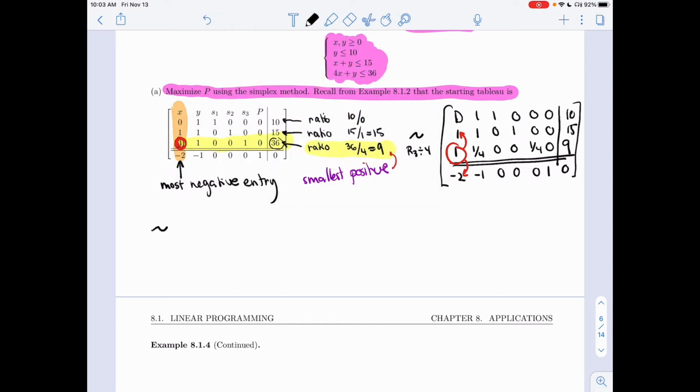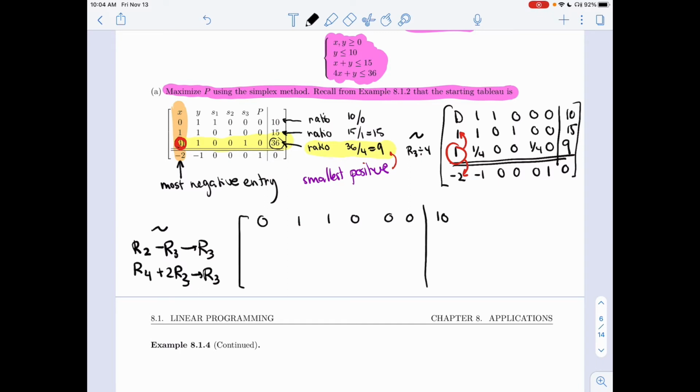So that means I need to take row 2 minus row 3. You have to use row 3, no other possibility. I'm going to take row 4 plus 2 row 3 to get rid of the -2. I'm going to get 0, 1, 1, 0, 0, 0, 10.